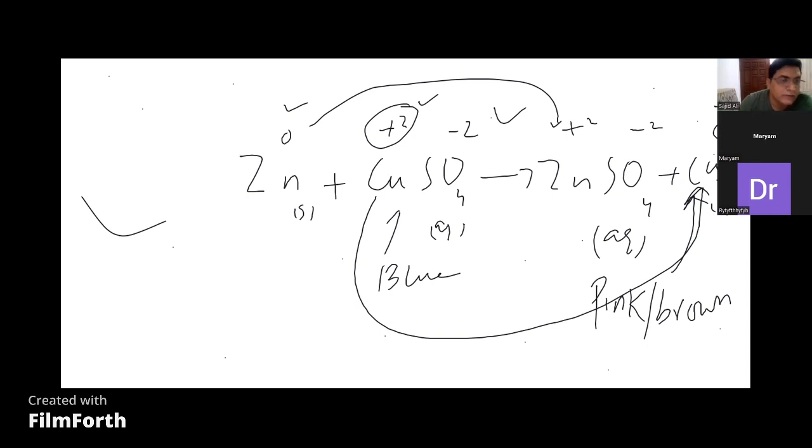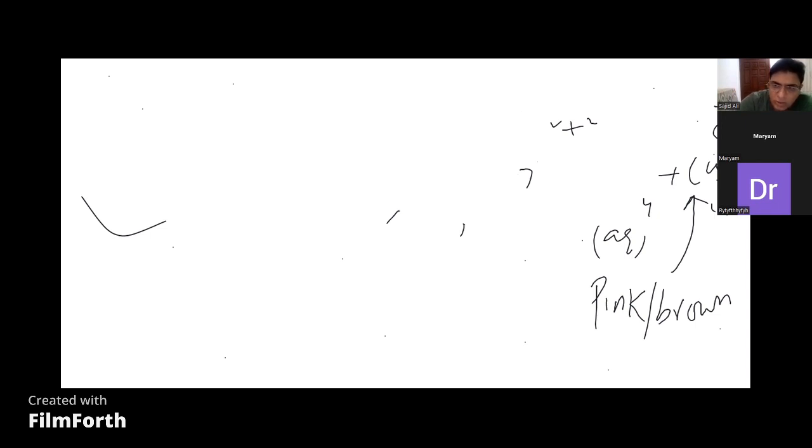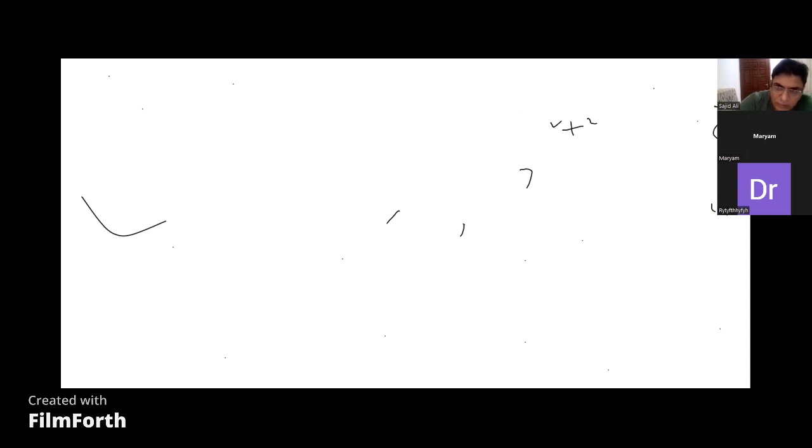Now I will explain it with another example that is related to loss and gain of oxygen. So you should know what is meant by loss of oxygen and gain of oxygen. Abdullah, better go through your notebook, what you have written about oxygen.